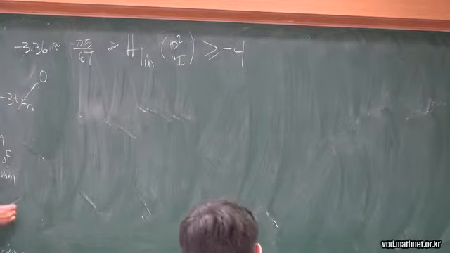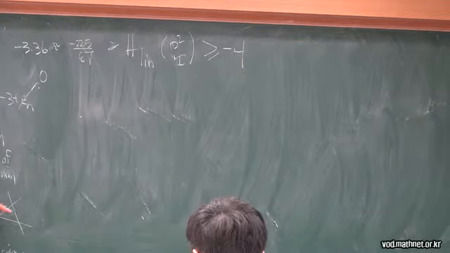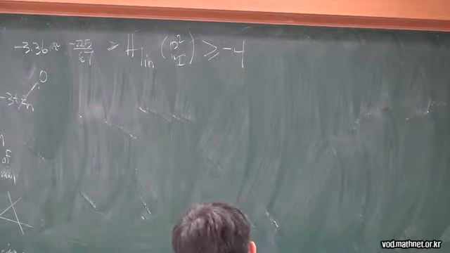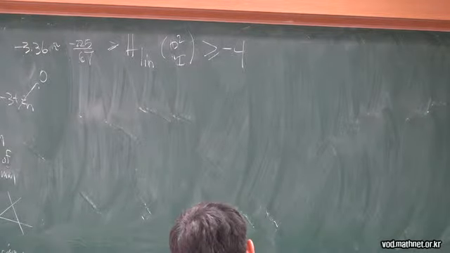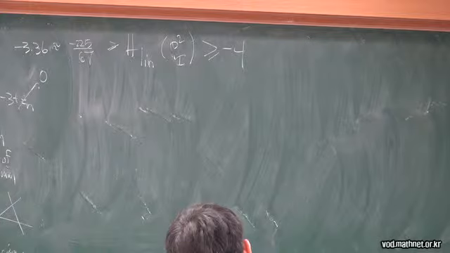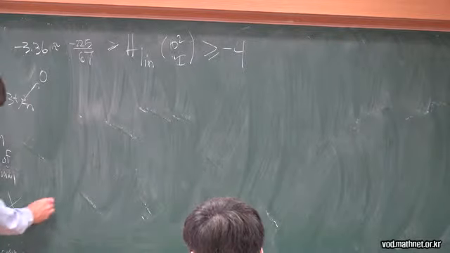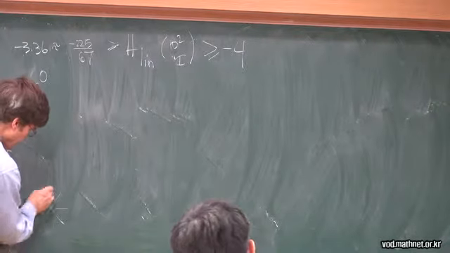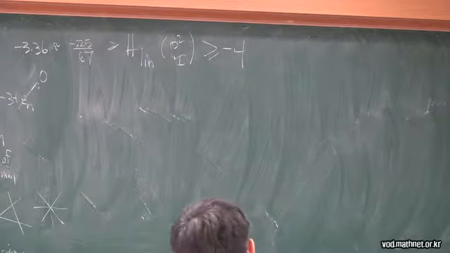So for example, take 3 lines, any non-trivial real line arrangement. The trivial one is all of the lines through one point. Then you don't have any simple crossings.